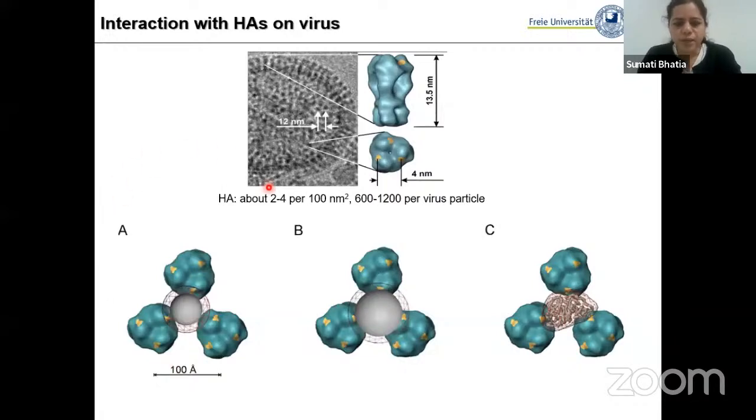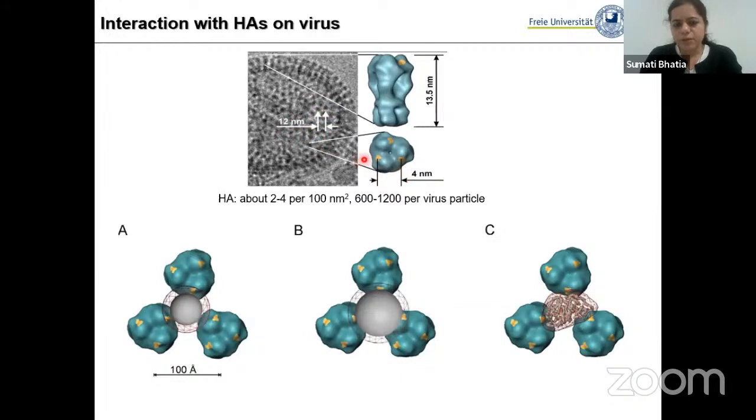But what one could anticipate, because we know the hemagglutinin distribution on the virus surface. So this is the cryo-electron microscopy image of the virus, and these dark black dots are actually hemagglutinin glycoproteins. And you see the distance between two hemagglutinin glycoproteins is up to 12 nanometer.